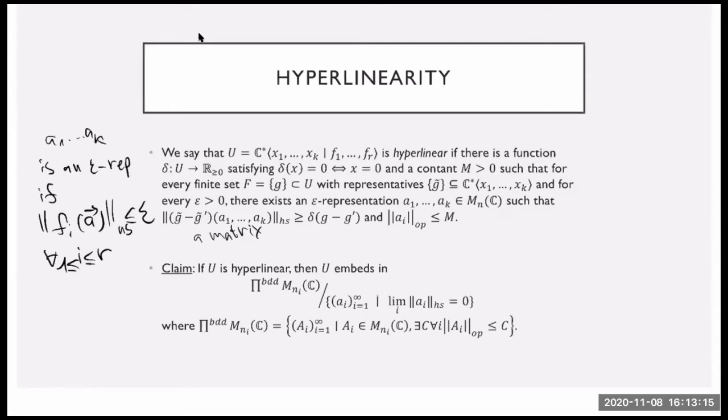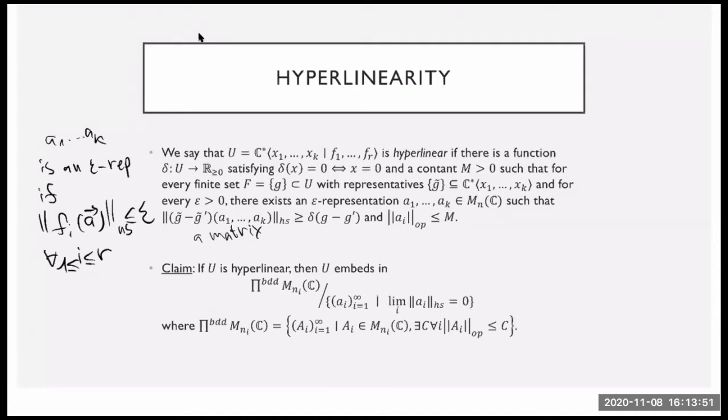So last time I stated that U is hyperlinear if and only if it embeds in this algebra of sequences of matrices, such that the sequence is uniformly bounded by some constant in the operator norm, and this constant depends on the specific sequence. And my claim is that the set of all sequences whose Hilbert-Schmidt norm tends to 0 is an ideal inside this thing. So this quotient is an algebra, and being hyperlinear is the same as embedding in this algebra.